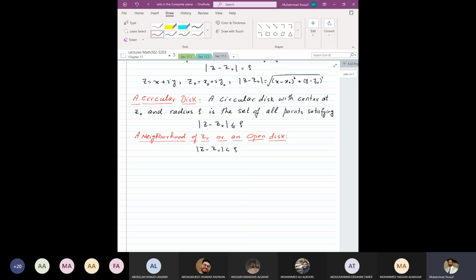Then the next definition is, what is an interior point of a set?